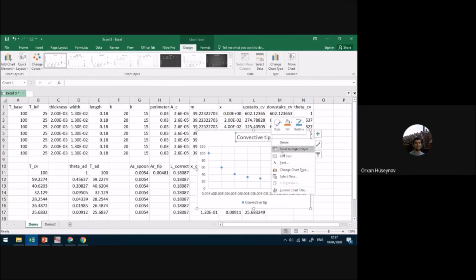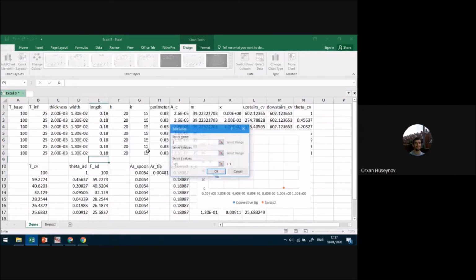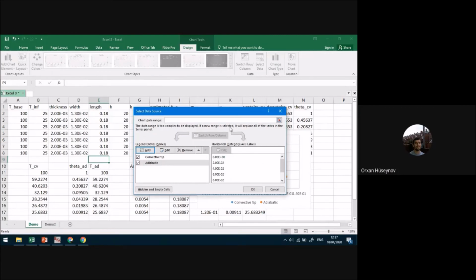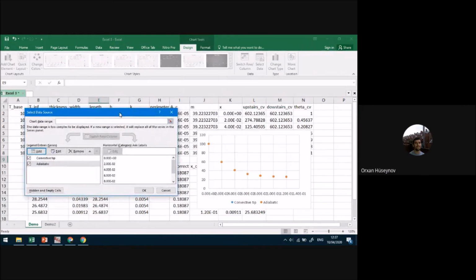Again, the series name, this one is adiabatic, and then the x values are the values here till row 8, and then we have the y values, which is the adiabatic. Edit, and this one is okay.